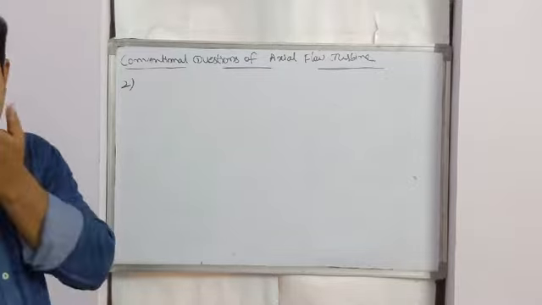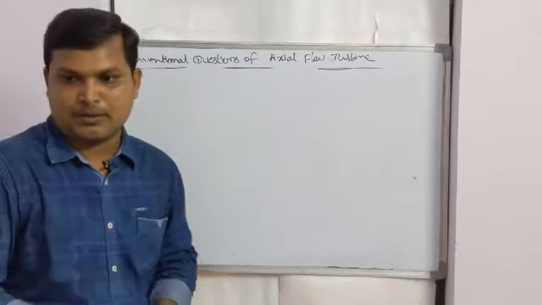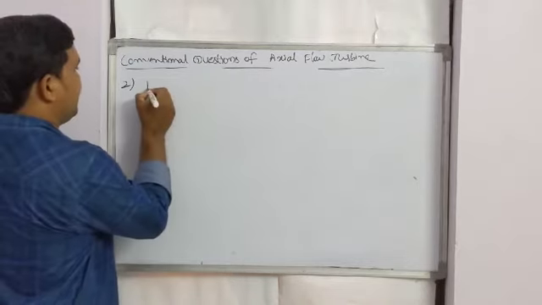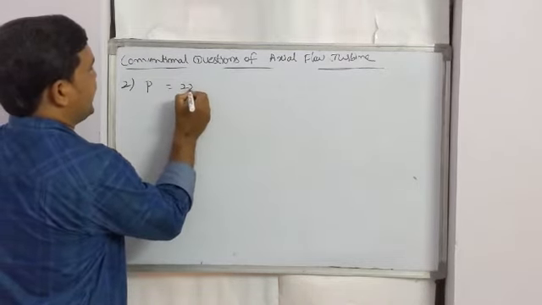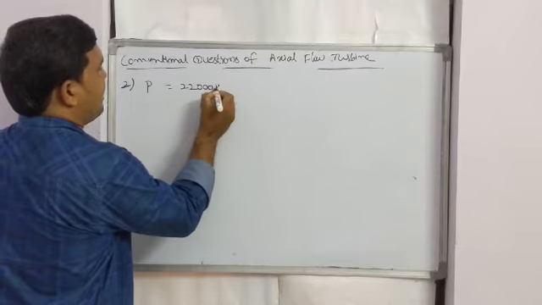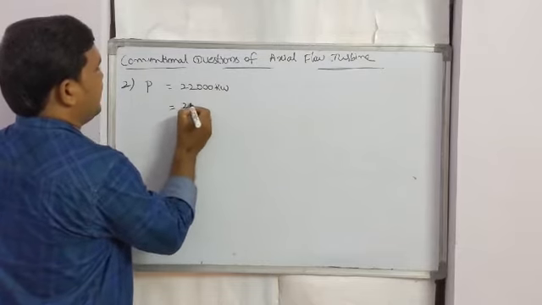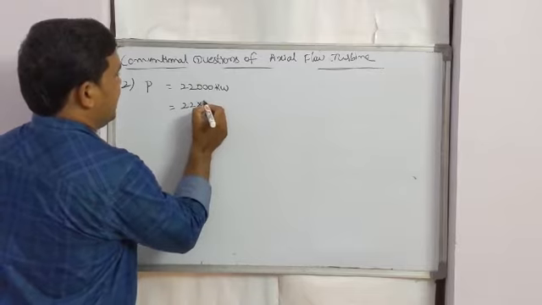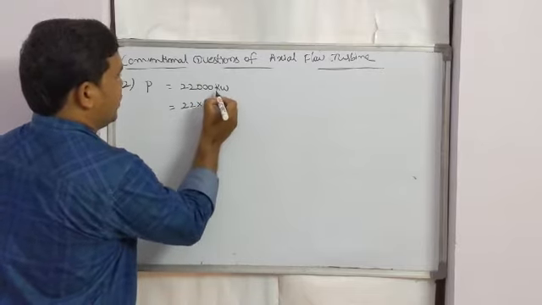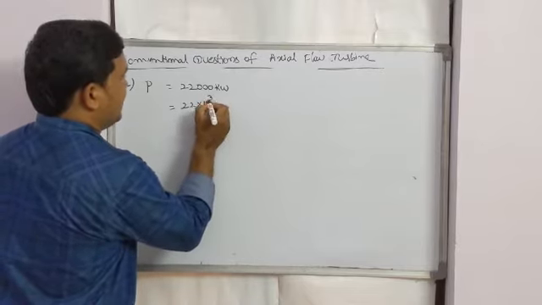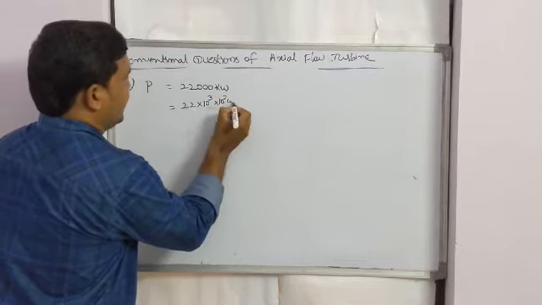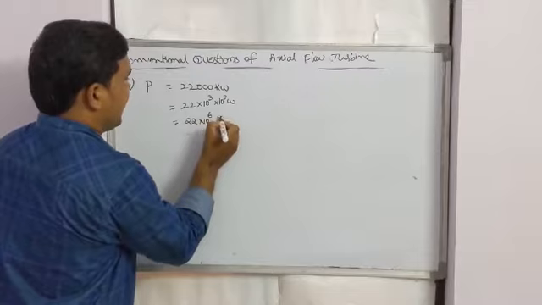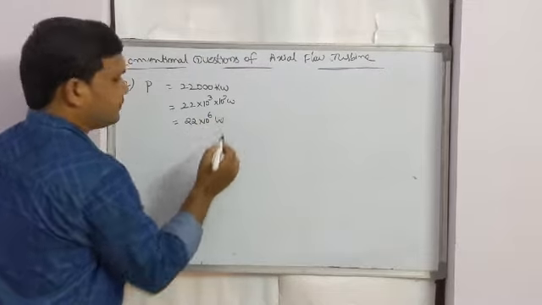A propeller turbine has been designed to develop 22,000 kilowatt. So the power is given as 22,000 kilowatt, which is 22 into 10 cube, and a kilowatt is 10 cube watt, so 22 into 10 to the power of 6 watt.